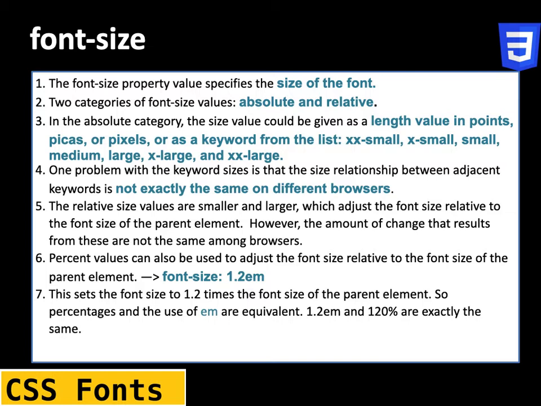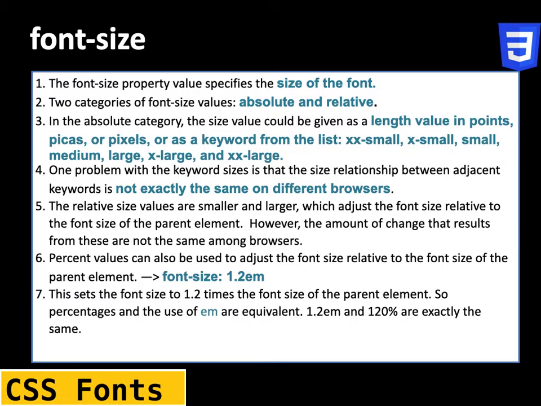For example, these keywords XX small, small, X large, large, XX large, medium, etc. are having slight differences in Google Chrome and Firefox, and when comparing with Internet Explorer or some other browser, Netscape Navigator or Safari, some size difference will be there. That is a problem associated with keyword sizes.